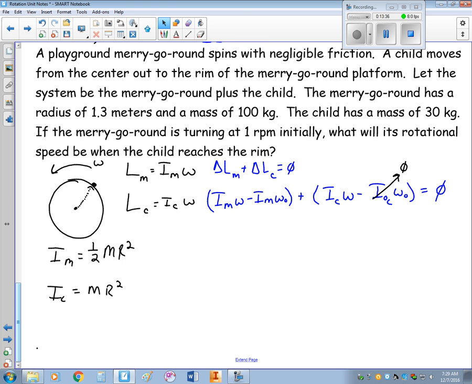Okay, now we can go ahead and plug in our moment of inertia formulas.